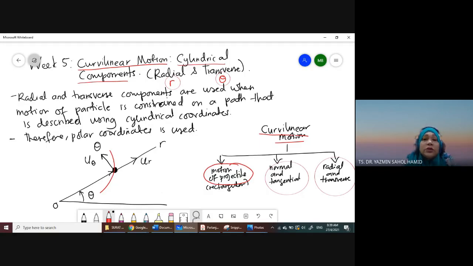That is what we want to prevent. As long as you know, okay, this is normal and tangential, I can do this, I can try. For all these questions, the first thing we have to do is set up the coordinate system. If it is motion of projectile, you need to resolve the components to the x and y directions. If normal and tangential, you need to write the coordinates for the normal n and the tangential t. And for radial and transverse it is the same: you have to write the coordinates for radial, which is r, and transverse, which is theta.